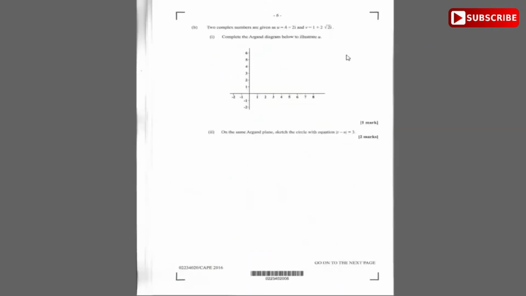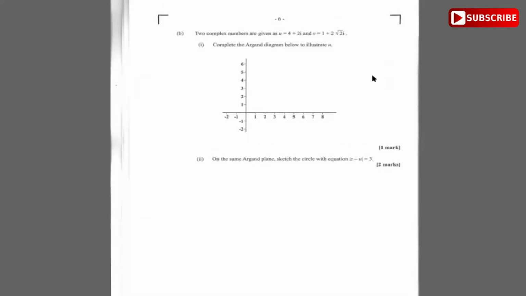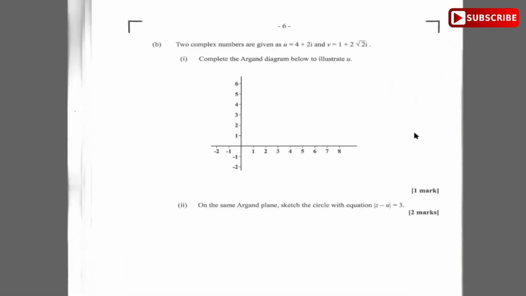Now, part B. Part B says the complex numbers are given by u is equal to 4 plus 2i and v is equal to 1 plus 2 root 2i, and to complete the Argand diagram to illustrate u. To illustrate u, on the real axis it's 4, and on the imaginary axis we go positive 2.